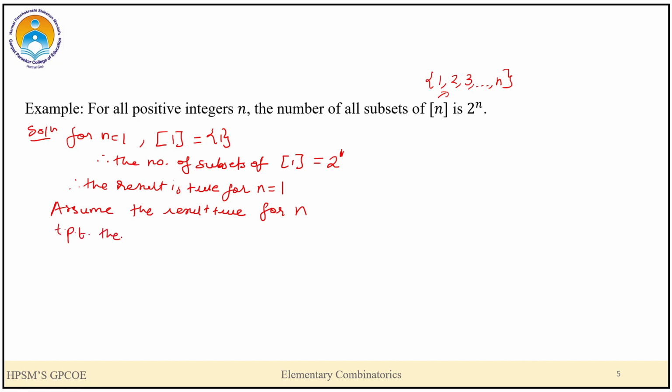To prove that the result is true for n plus 1, that is, the number of all the subsets of [n+1] will be 2 raised to n plus 1. Now in this case, what we'll do is we will divide the subsets of [n+1] into 2 classes. Class 1, wherein it has all the subsets which do not contain n plus 1, and class 2, wherein we have all the subsets that have element n plus 1.